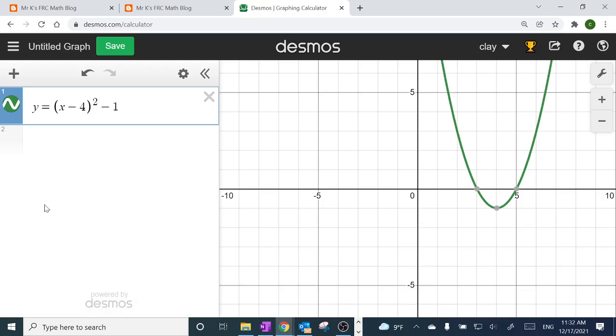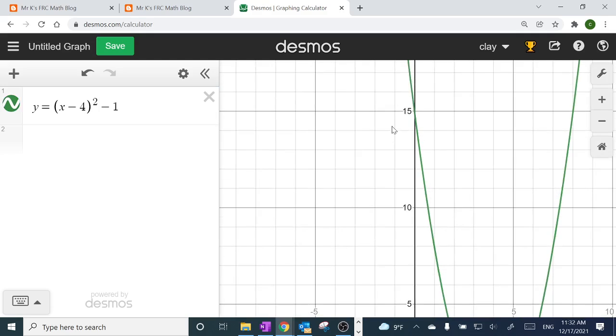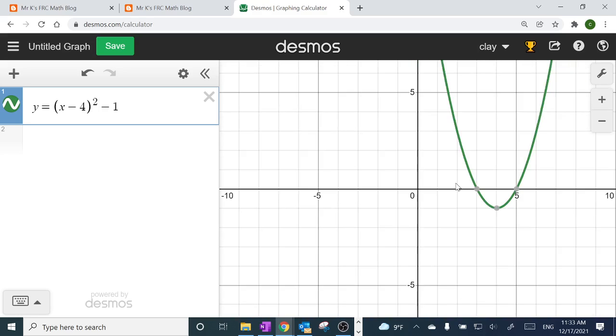And notice it gives you all the points you want. There's the vertex, there's the X-intercepts, and you can even go up, and it should give you the Y-intercept, which didn't fit on our grid when we drew it, but there it is at 15. If you mess up your screen, there should be a little button that shows home, and that just goes back to where the screen started.